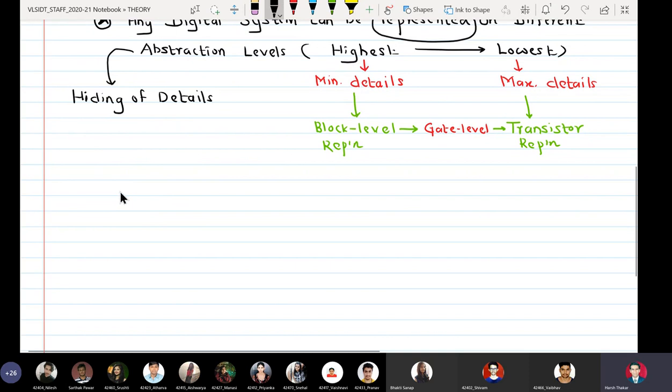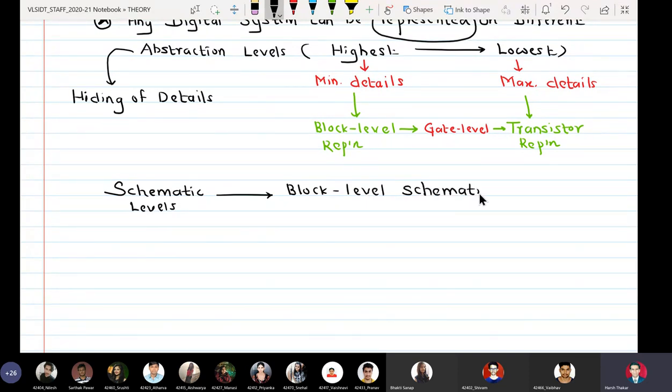So I can say schematic levels: I can have a block level schematic.